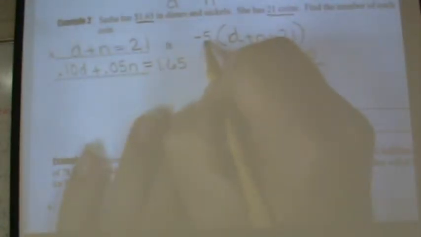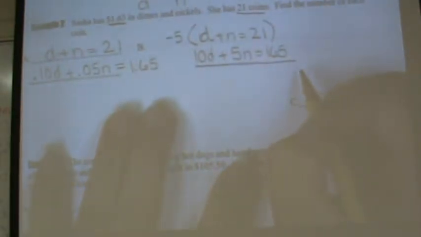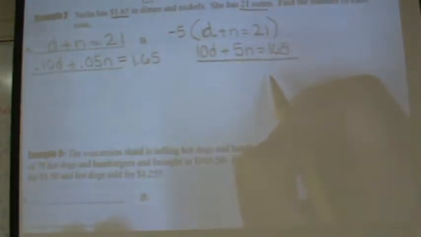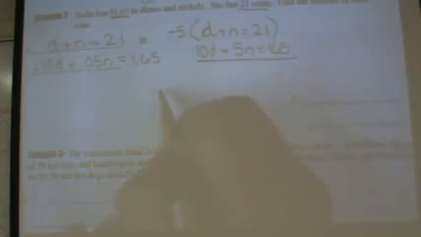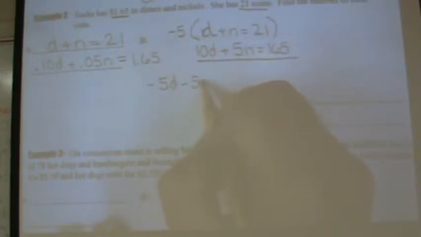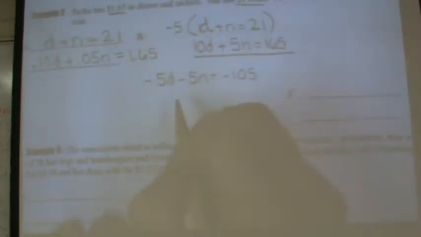Getting rid of decimals? Now I'm gonna multiply the top equation by -5. Where did I get -5 at? So I get -5D minus 5N equals -105. I multiplied everything by -5.